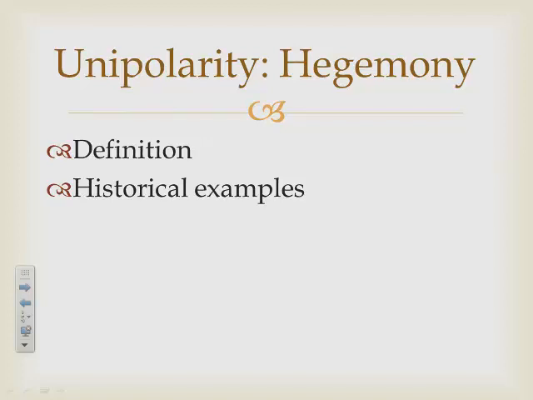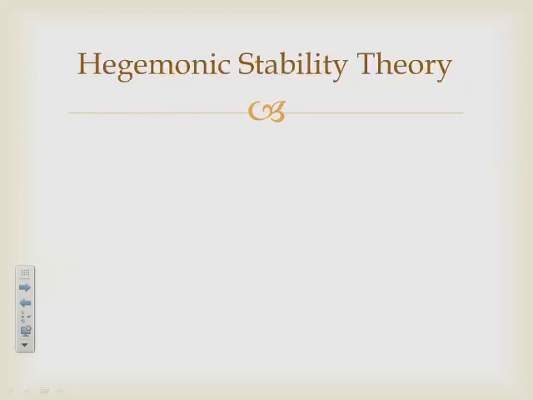Spain was the hegemon for a while, as was the Netherlands. The current hegemon is thought to be the United States. It's the most powerful country in the world and sets the norms for a lot of things that happen.